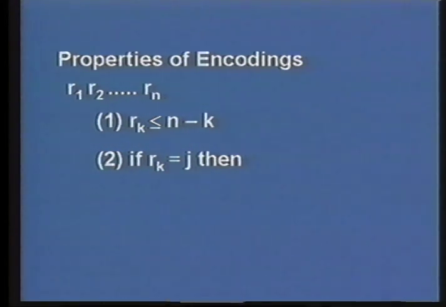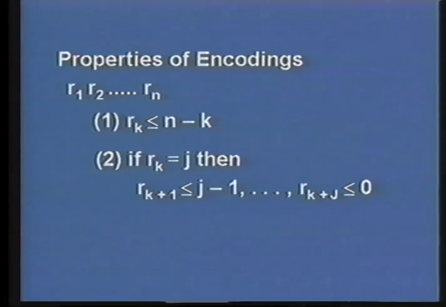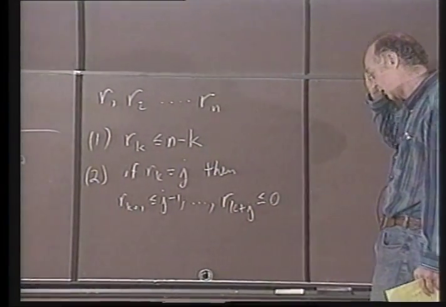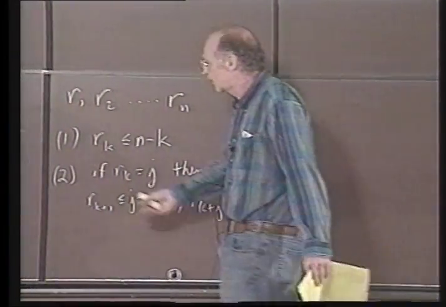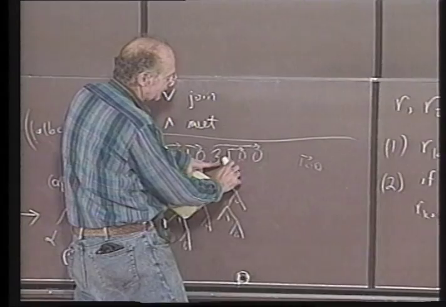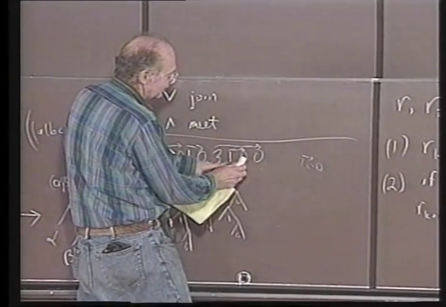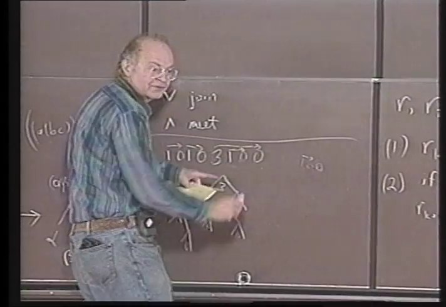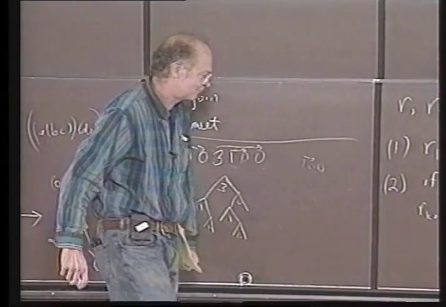Then R(k+1) is less than or equal to j minus 1, R(k+j) is less than or equal to 0, and R(k+2) is less than or equal to j minus 2, and so on. That's what I said after I drew an arrow from this guy to 3 guys to the right. Then the next 3 numbers had to be such that their arrows aren't going to protrude past the arrow above them.